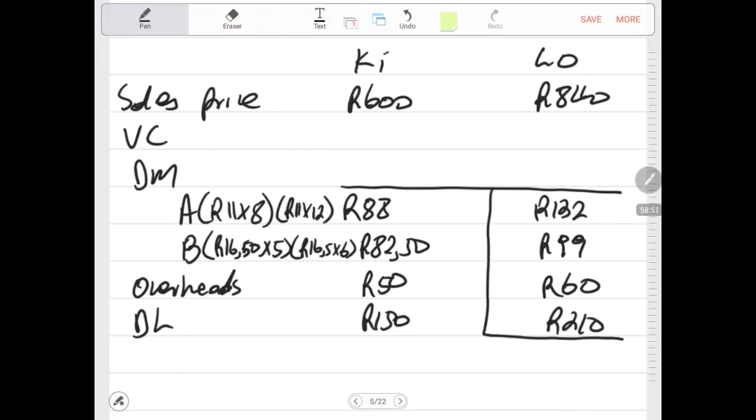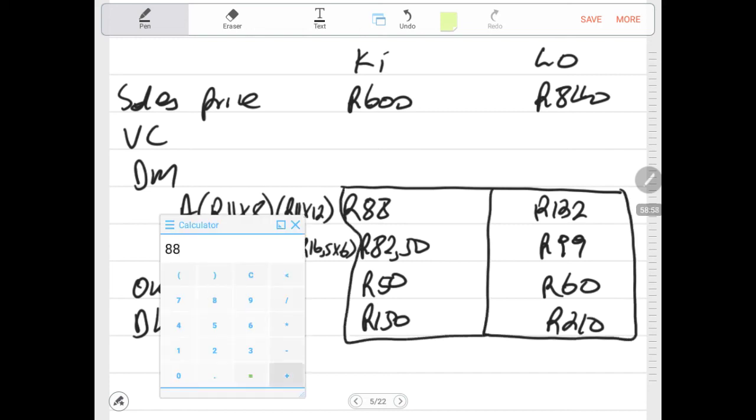From there is no other variable cost. So we have 88 plus 82.5 plus 50 plus 210. We get 410. Let me just do the calculation very well.